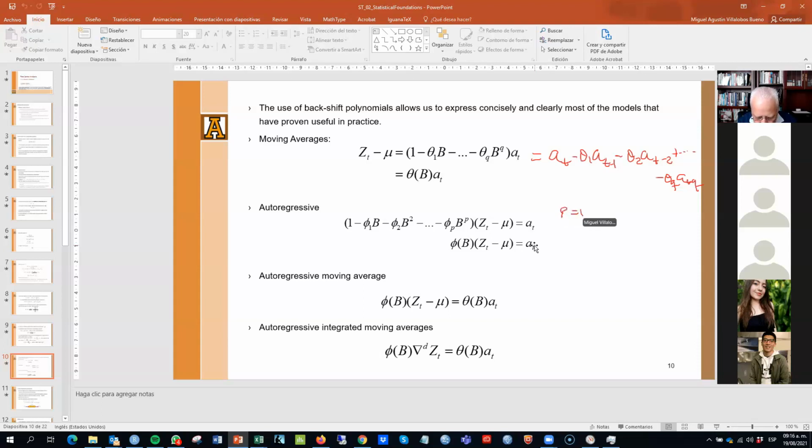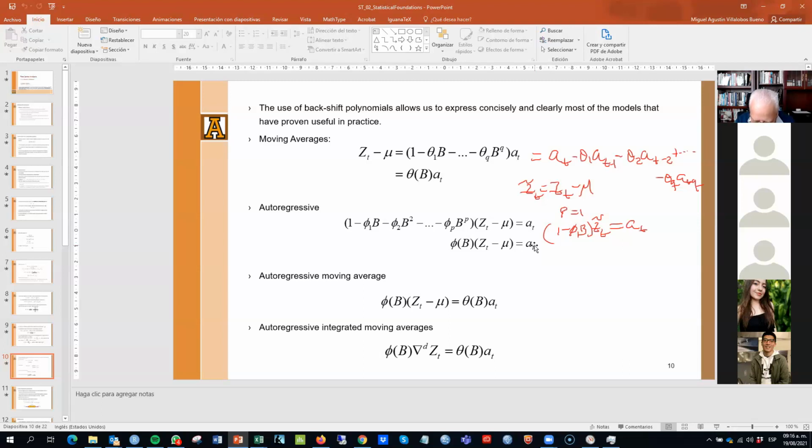If p is equal to 1, this polynomial is saying that 1 minus phi 1 B applied to Z_t tilde, where Z_t tilde is Z_t minus mu, equals a_t. That's an autoregressive model of order 1.